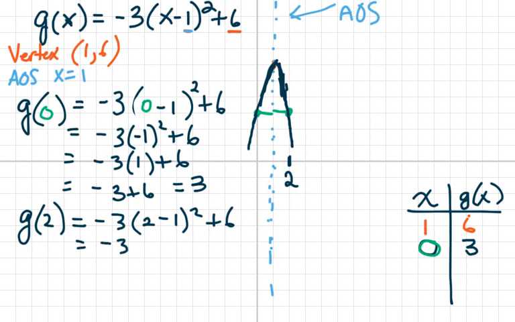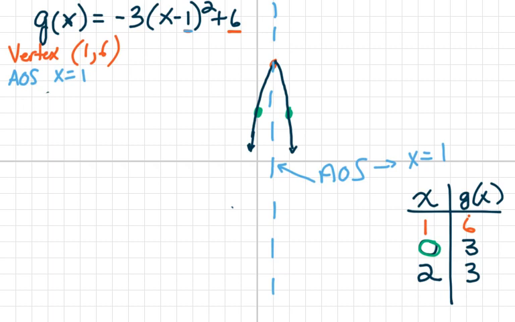That's going to equal -3 times 1 squared plus 6, which equals -3 plus 6, which equals 3. Yes! So if we plug in 2 for x, we get 3 out for g of x, or y. I know this is looking like a V, but it shouldn't. This is more what it should look like. It should look like an upside down U.